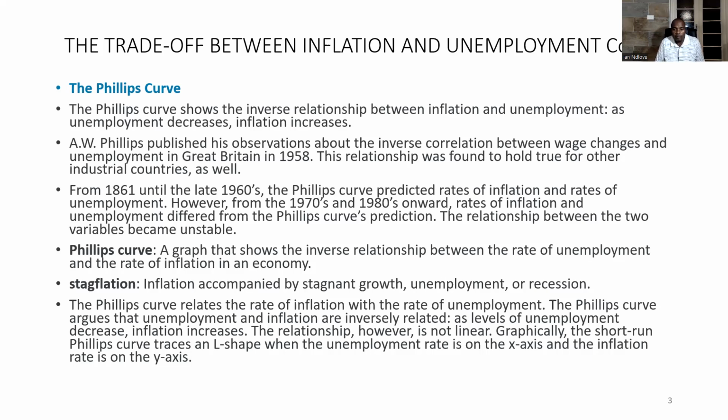Phillips, who published his observations about the inverse correlation between the rate of change in money wages and the rate of unemployment in Great Britain in 1958, whilst he was studying stabilization policy.